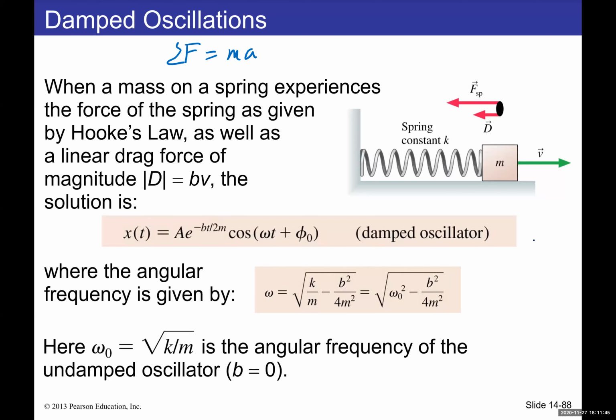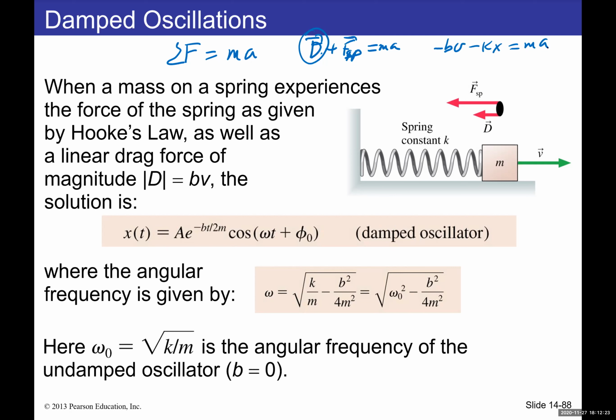So the net force is now in terms of the drag force plus the spring force, which equals mass times acceleration. The drag force is negative b times v. The spring force is negative kx. That is negative bv minus kx equals mass times acceleration.